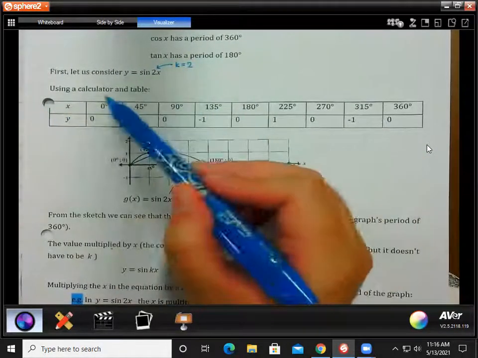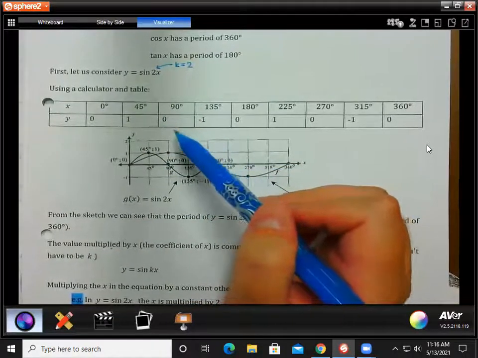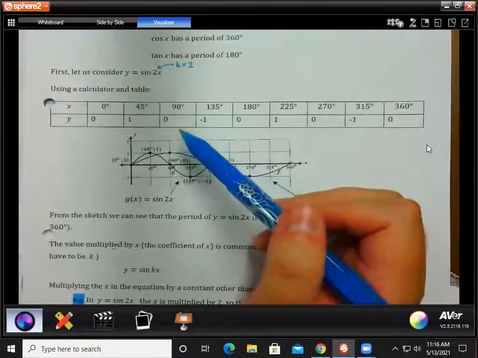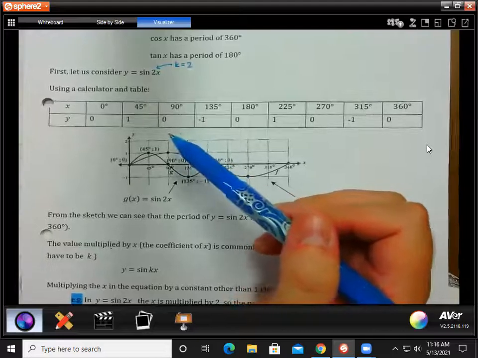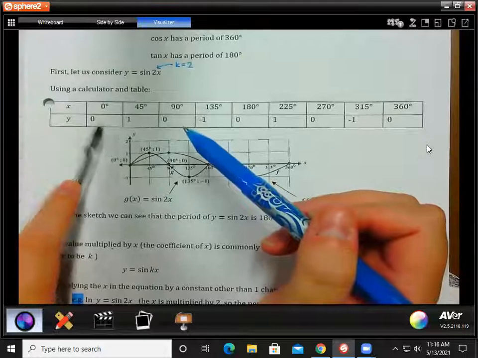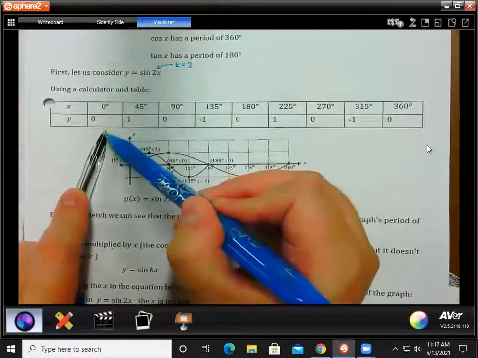Now, what they've done is they've used their calculator. Guys, remember for a sine graph, which I told you also yesterday, if you want to use the calculator, you would sub in x equals 0. Then what would the next x value usually be that you would sub in? 90. So see what's going to happen if you were to do that here. If you sub in x equals 0, you get sin of 2 times 0, which is 0.